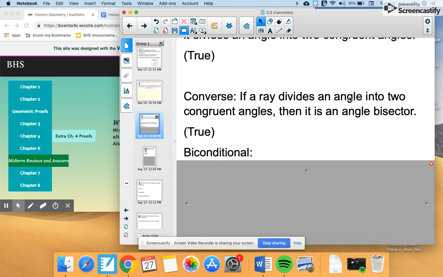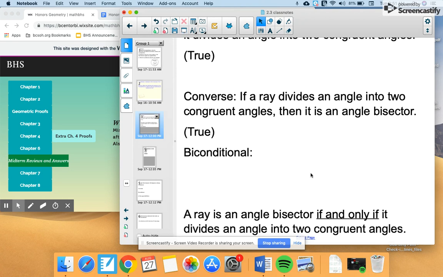So what the biconditional is going to look like is we're getting rid of the if and the then, and we're putting an if and only if in the middle of it. So the example for the biconditional is a ray is an angle bisector if and only if it divides an angle into 2 congruent angles. So I have my first statement there, which is the ray is an angle bisector.